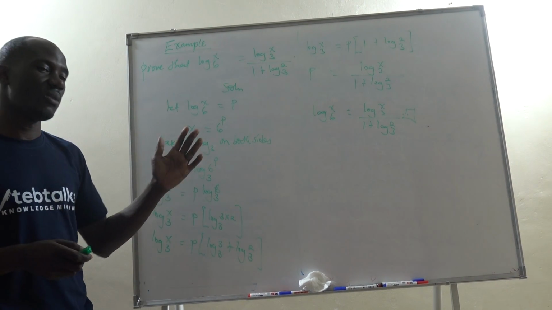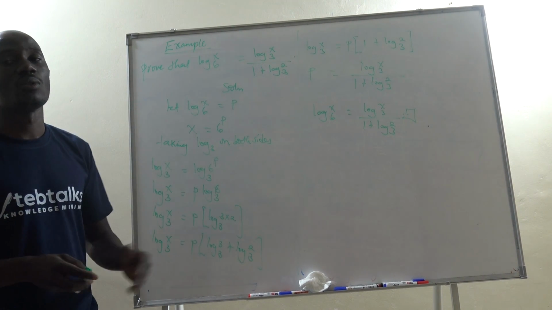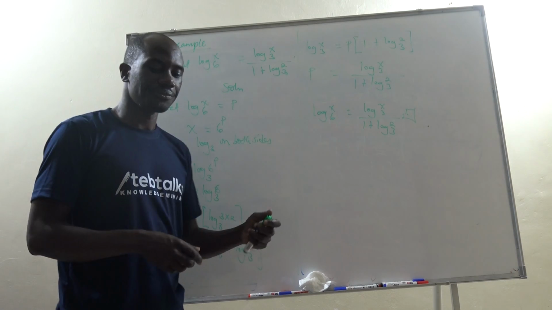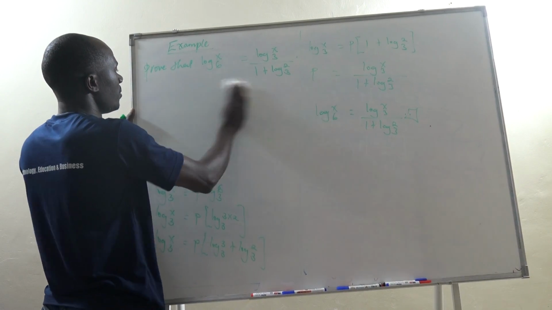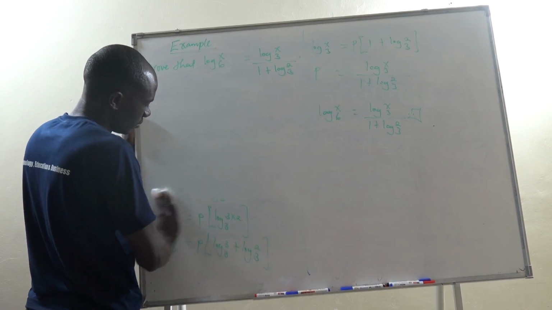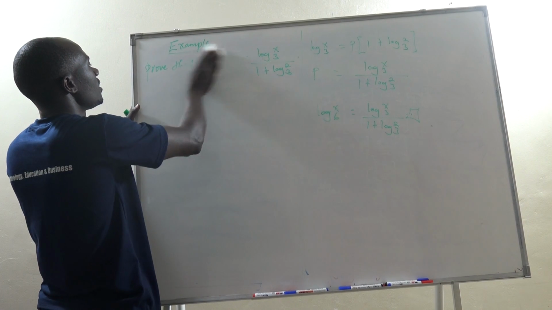Always, I want you to look at that together with the idea of the indices. That's what we have been looking at. Then we are going to look at another example, and maybe the last one on logarithm.